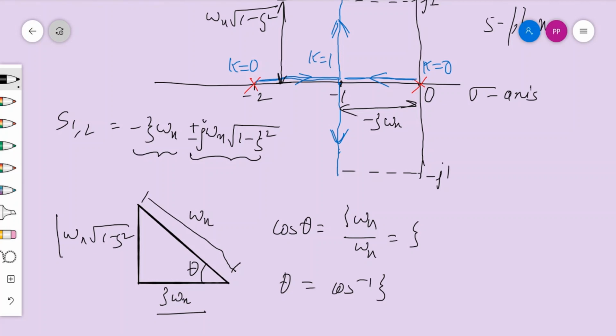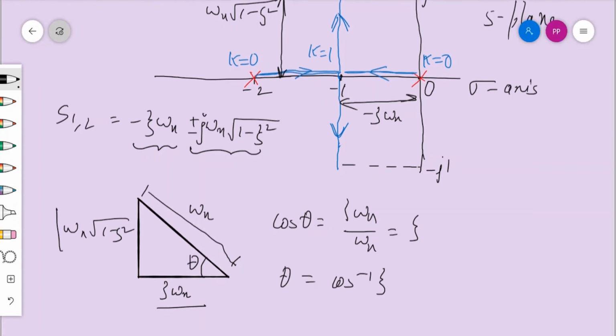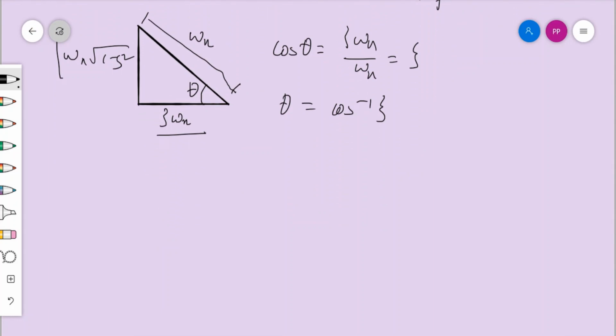Say the system has characteristic equation s square plus 2s plus k equal to 0.